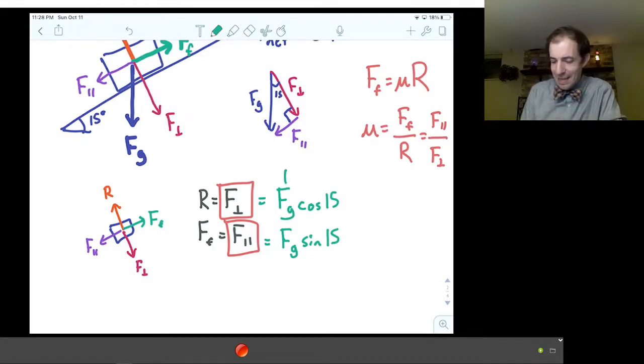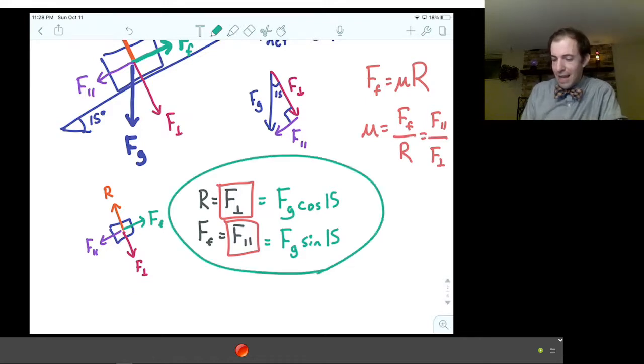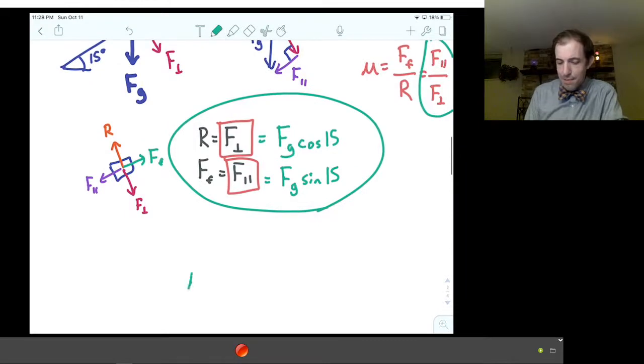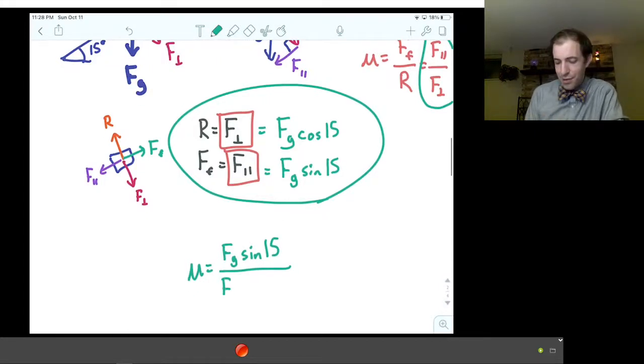But if I take these values here and this equation that I just found, I can say that mu is equal to the parallel force, Fg times sine of 15, divided by the perpendicular force, Fg times the cosine of 15.